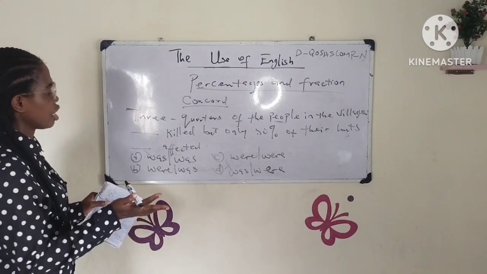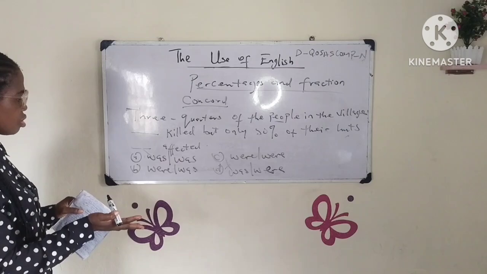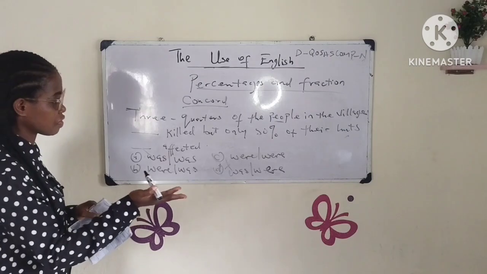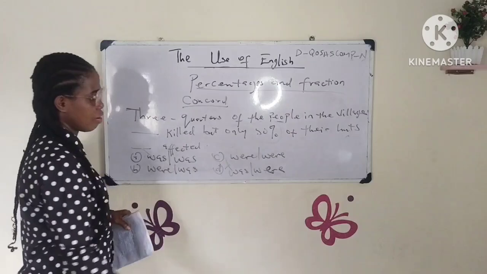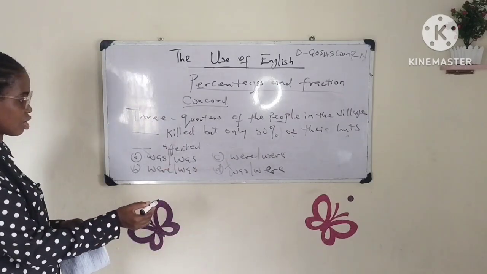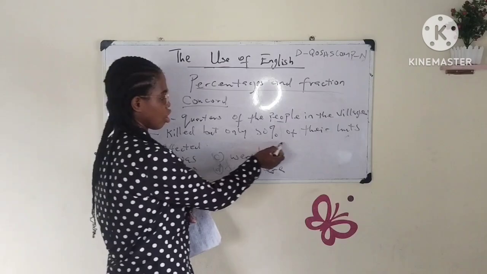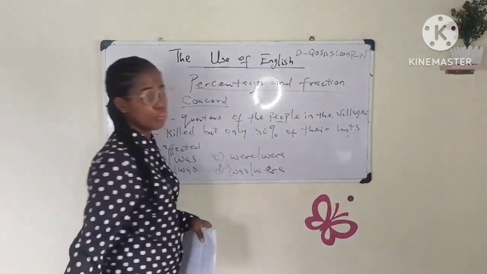Now, in the village dash killed, but only 50% of their herds dash affected. Okay, 50% of their herds, singular or plural? Plural.